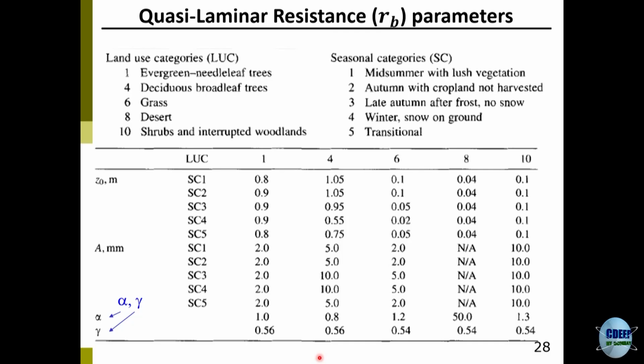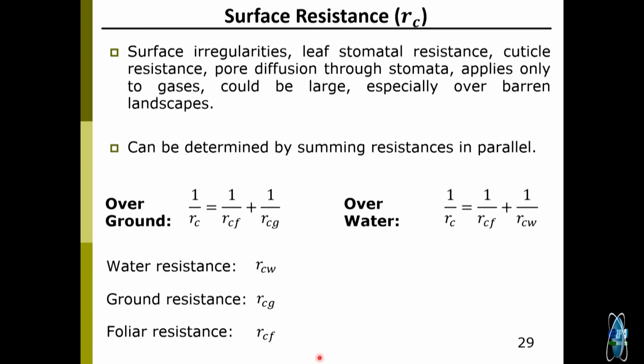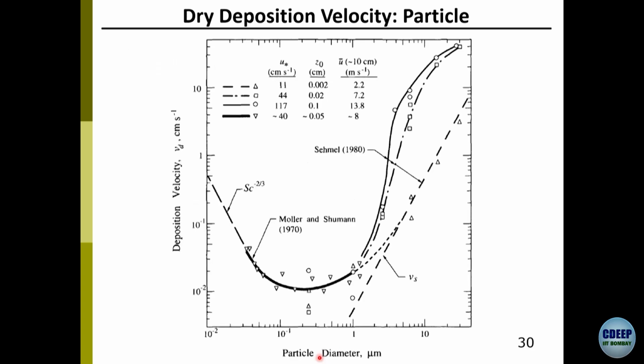And we can skip this, that surface resistance doesn't exist for particles, it applies only really to gases. But this is again a very, very interesting compilation of real world data and theory.